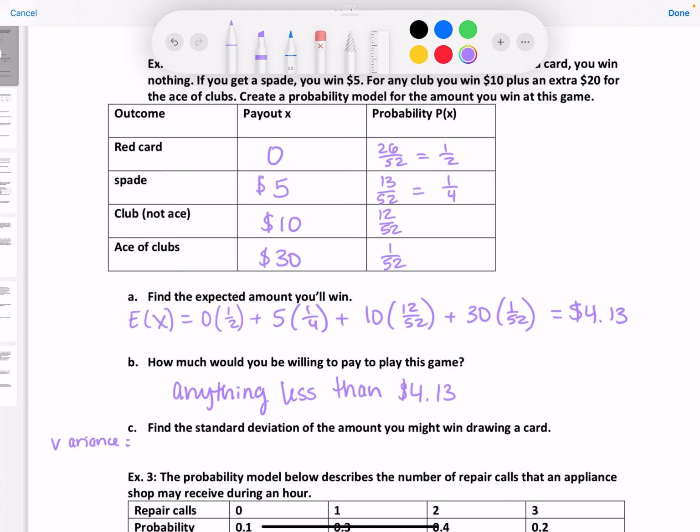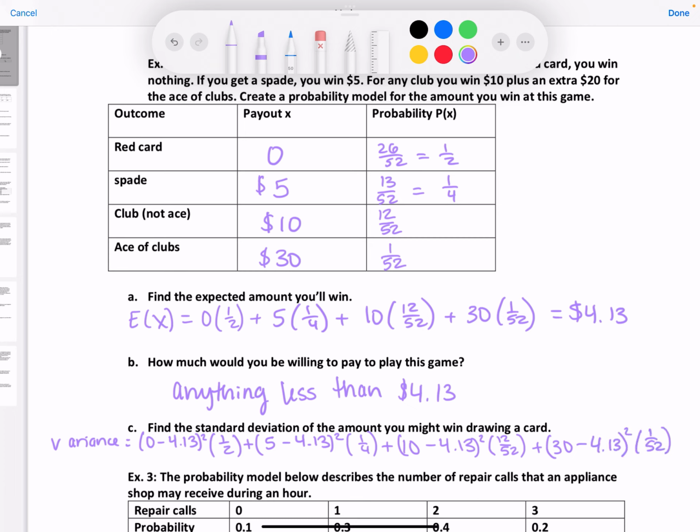So 0 minus 4.13 squared times 1/2, plus 5 minus 4.13 squared times 1/4, plus 10 minus 4.13 squared times 12 out of 52, plus 30 minus 4.13 squared times 1 out of 52.